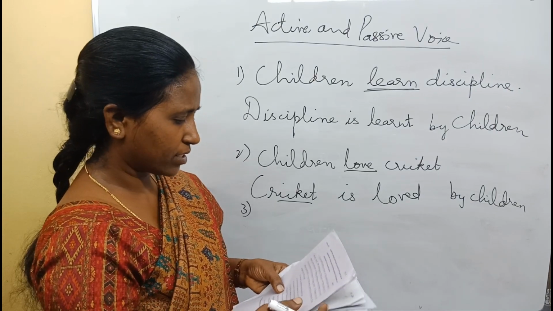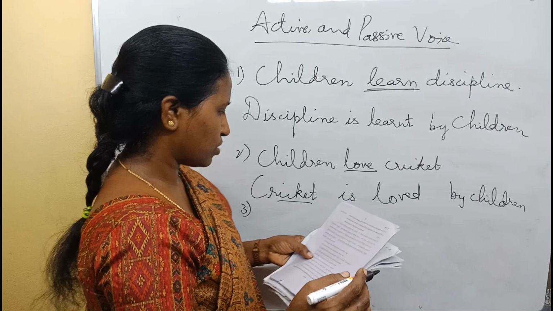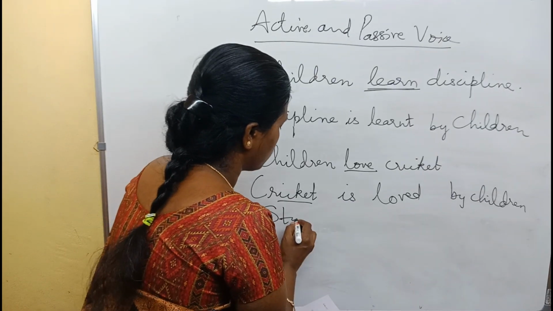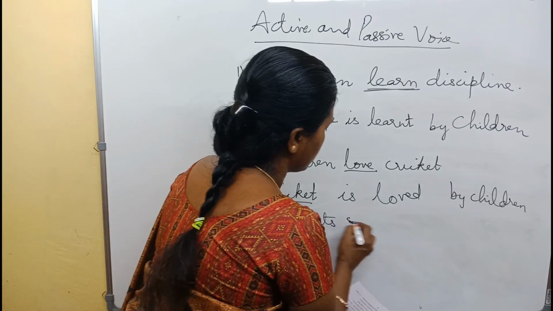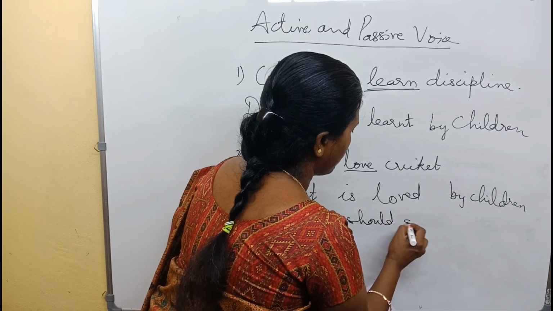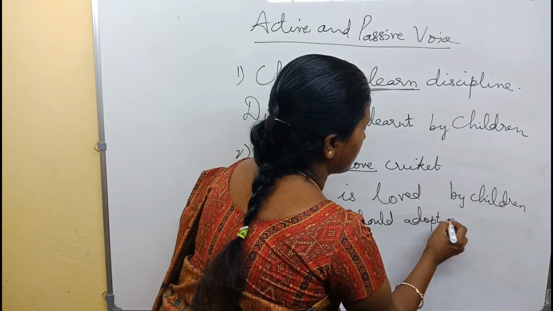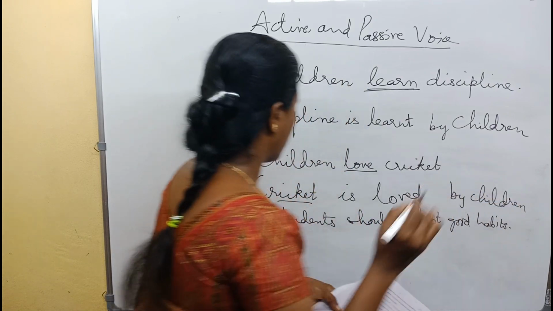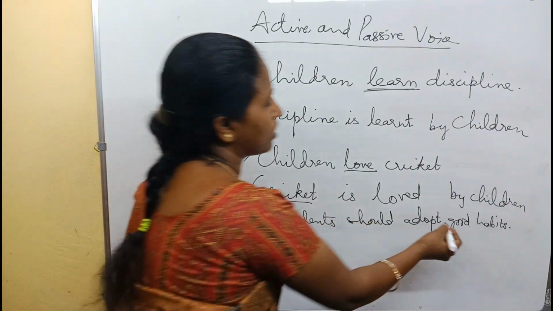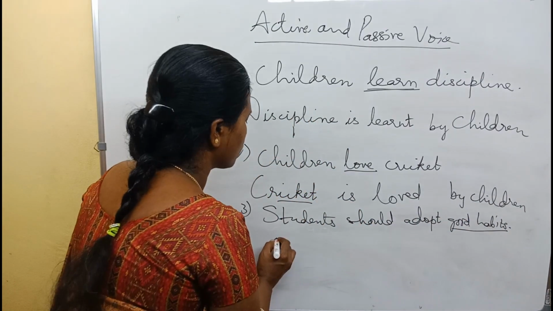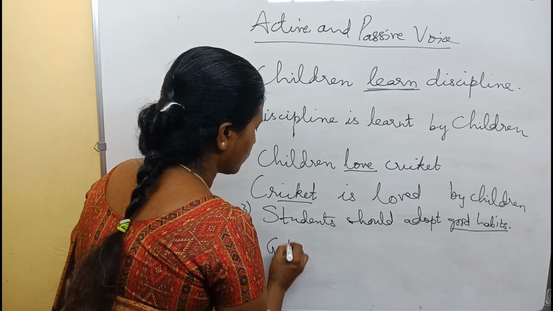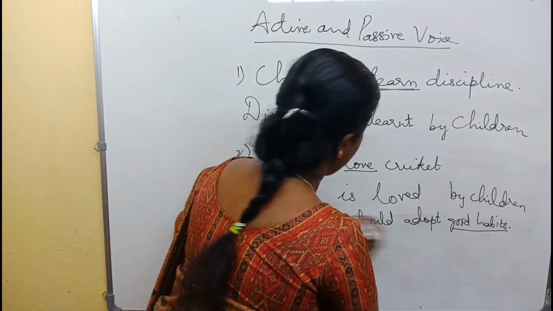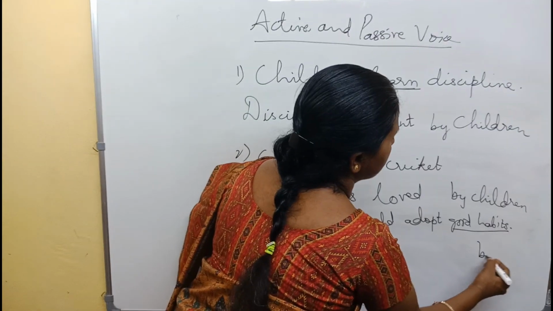Change into passive voice. Students should adopt good habits. Okay. So change into passive voice. What should we do? Bring the object to the front. Good habits. Okay. And students, this is a subject, we will take it to the last.